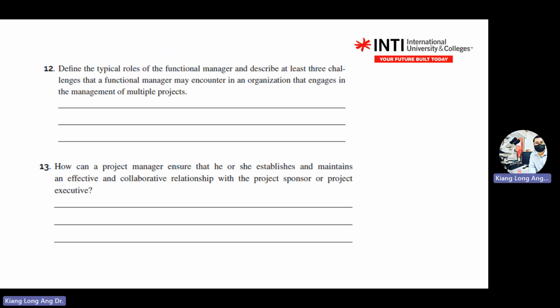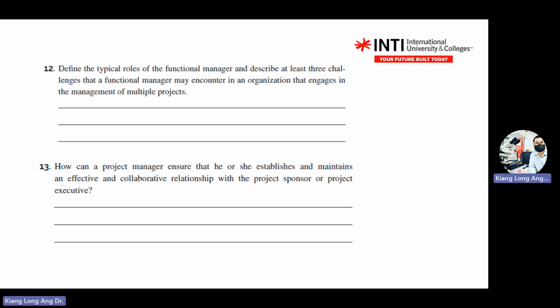Okay. Number 13, how can a project manager ensure he or she establishes and maintains an effective relationship with the project sponsor and executive? This is more on the sponsor and executive. Of course, in our module, we don't stress a lot on the sponsor and executive, but this question also opens your minds.